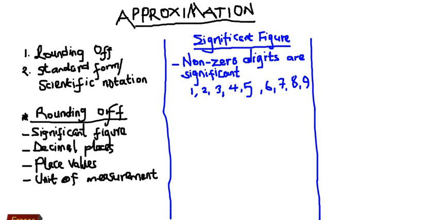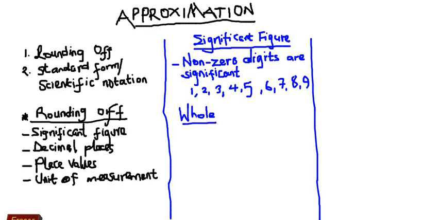Now, it depends on where these digits are appearing. They can appear either in a whole number or in a decimal number.